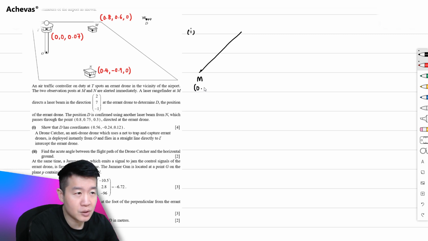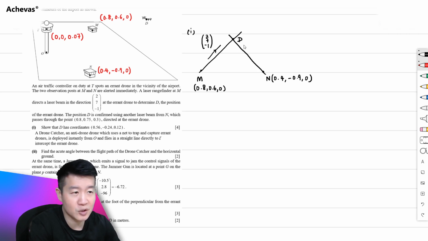For M, the coordinate is (0.8, 0.6, 0), and a laser is going to be pointing in the direction of (2, 7, -1), and it's going to point at D. Then there's another laser that's going to start from N. N is at (0.4, -0.9, 0), and this is also going to be pointing at D, which means that the intersection of these two lines is going to be at D.